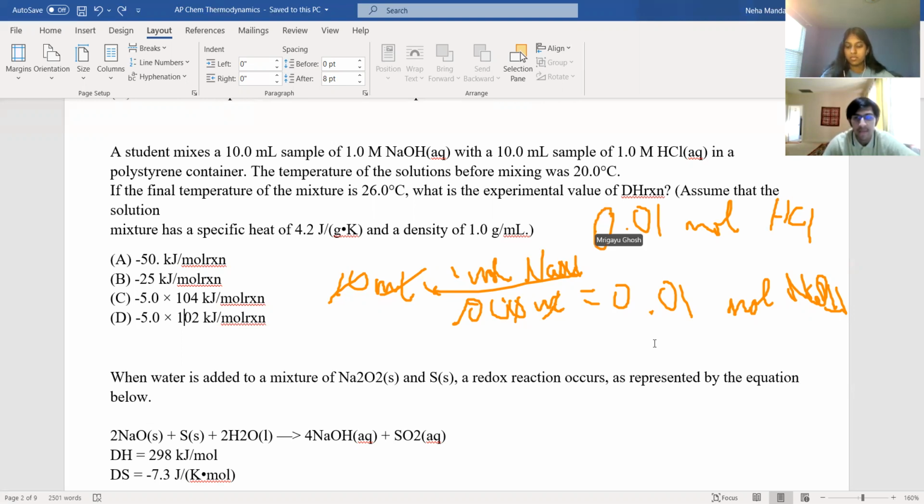Yeah. HCl's molar mass is 36.46 grams per mole, but I'm not going to write that out. And then sodium hydroxide is just 40. So this will become 0.3646, and this will become 0.40 grams of that, and then grams of that.